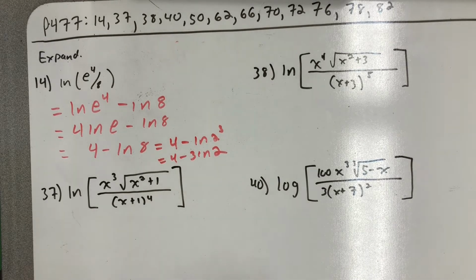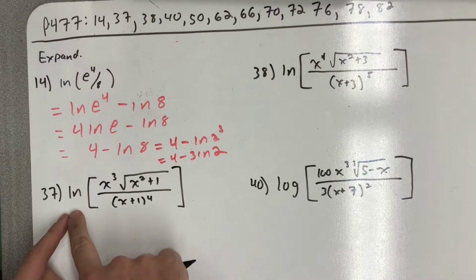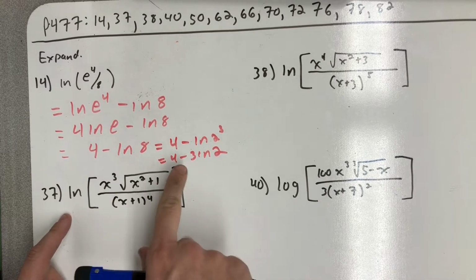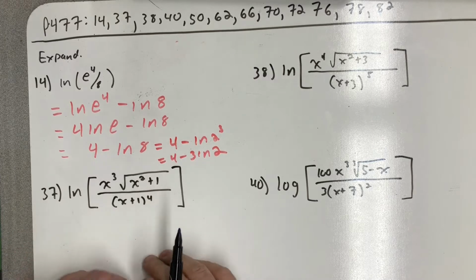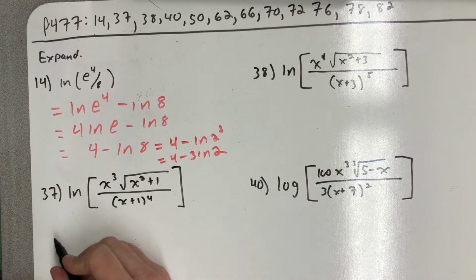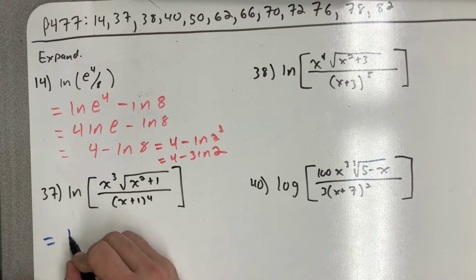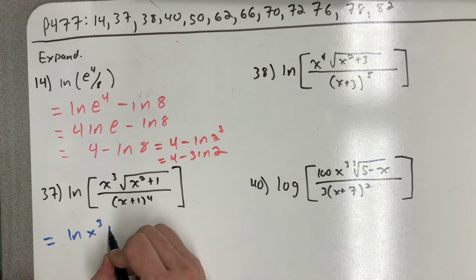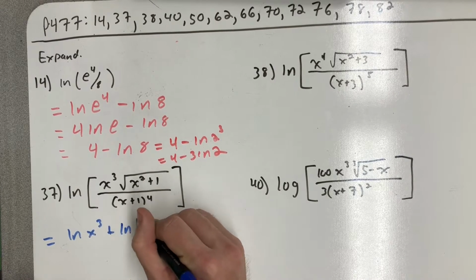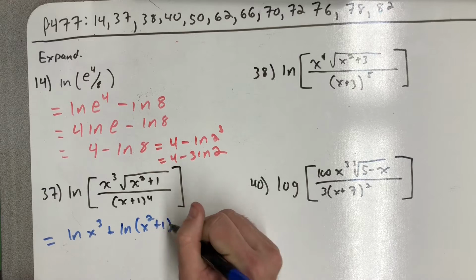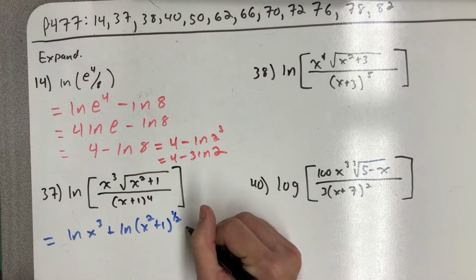Next up in number 37, I'm asked to expand this logarithm, the natural log of x cubed times the square root of x squared plus 1, all over x plus 1 to the 4th. Well, let's see. On the top, I know I'd be looking at this. I'm going to rethink that square root as a 1/2 exponent.